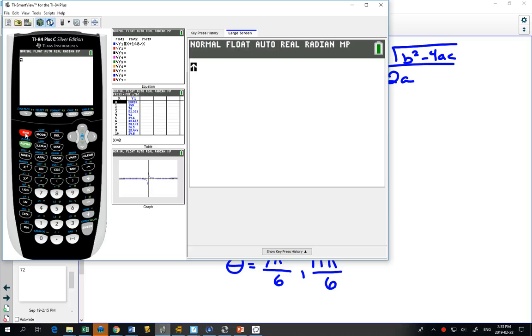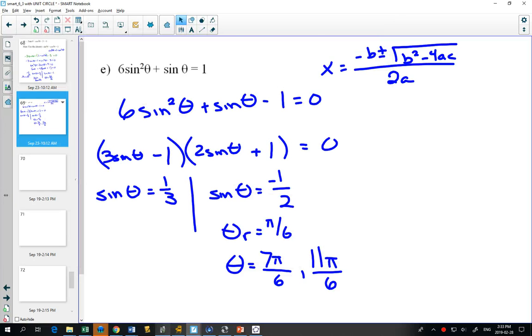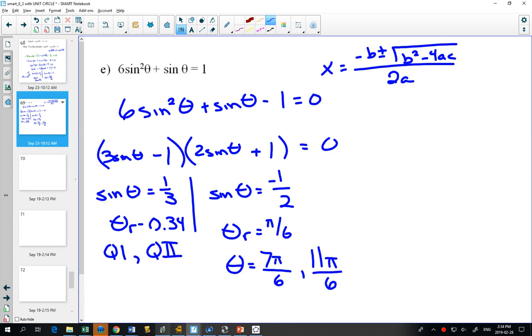I would go sine inverse of 1 divided by 3 to find my reference angle. 0.34. So I could write down that my reference angle is 0.34. Because sine is positive, I know that I'm looking in quadrant 1 or quadrant 2.